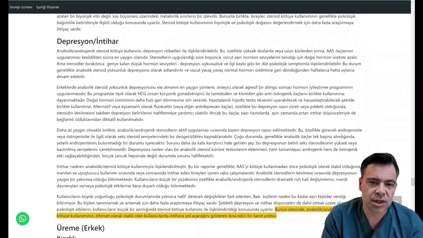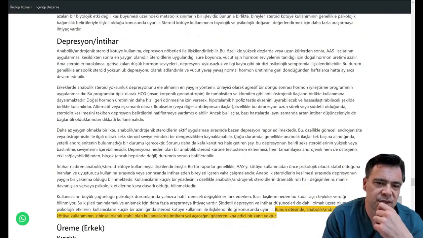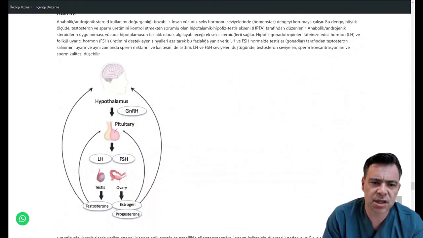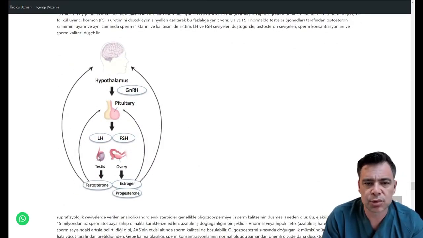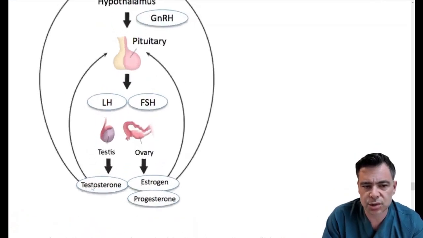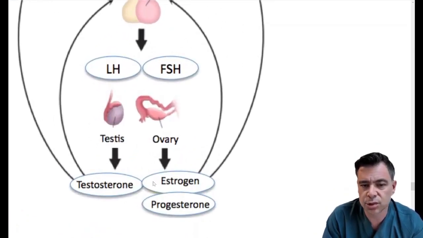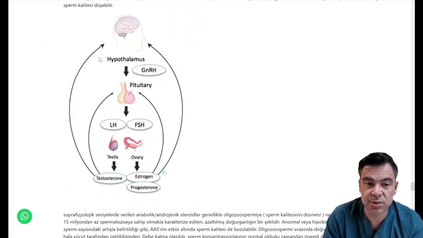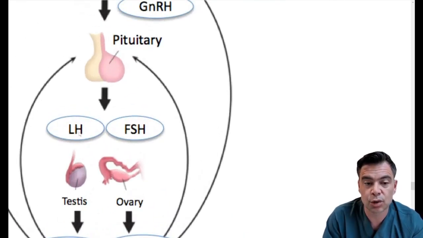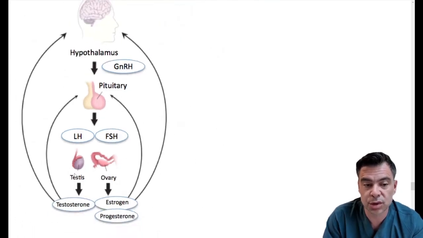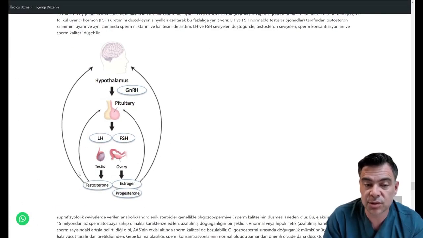There are not many publications on depression and suicide, but if you want to read them in detail, you can read them on the website. In terms of infertility, we can see it here. When we give testosterone externally, testosterone aromatizes into estrogen. Both testosterone and estrogen put pressure on the hypothalamus and pituitary gland. This lowers the FSH and LH hormones.